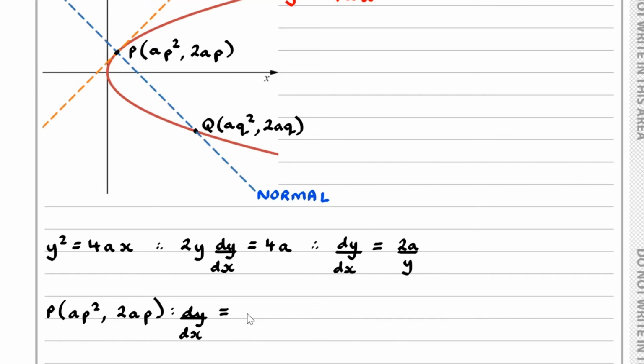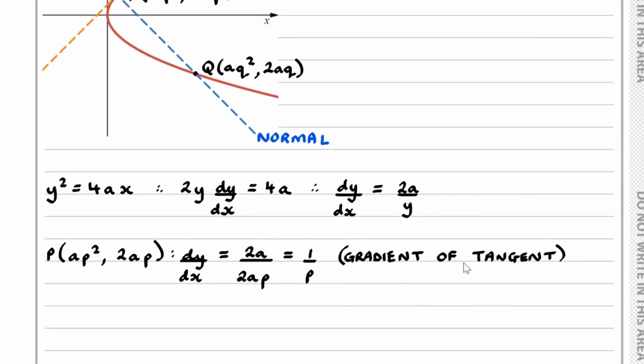So we have 2a divided by the y coordinate, which is 2ap, and so it turns out dy/dx = 1/p. So this 1/p represents the gradient of the tangent. And so we can conclude that the gradient of the normal will be -p.